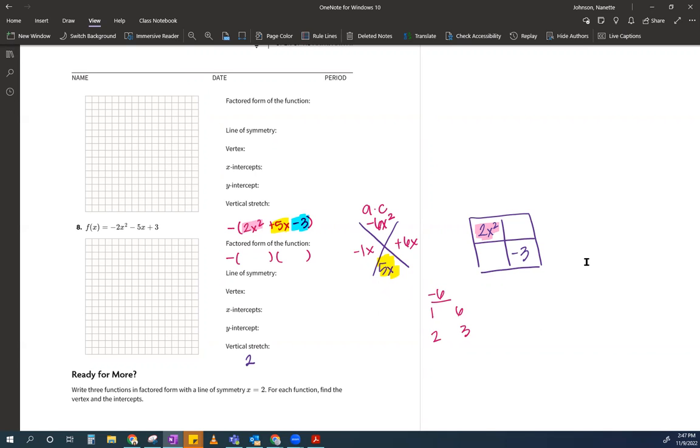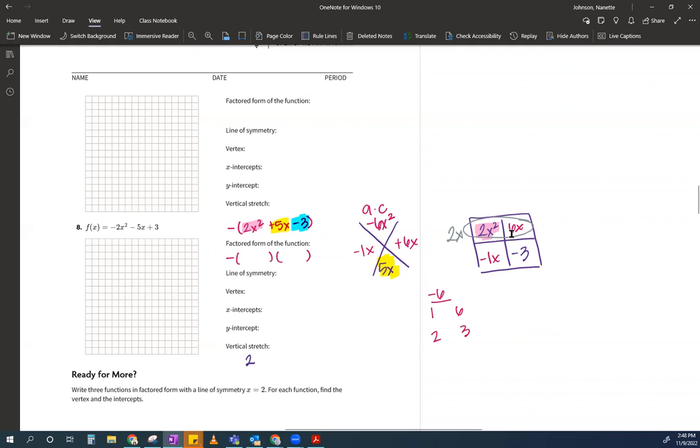And then I ask myself that question, what's the greatest common factor here? Sorry, I put 6x up here. Can you guys all imagine that? So what's the greatest common factor of 2x and 6x? Actually, in this case, it's 2x, right?